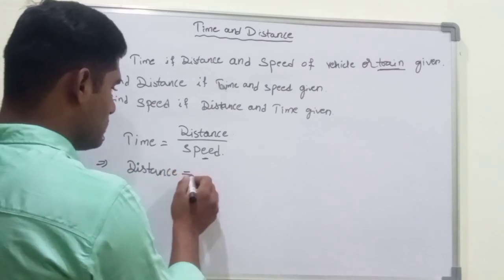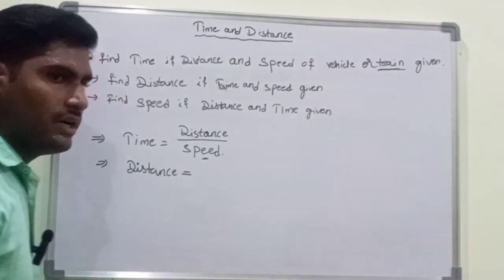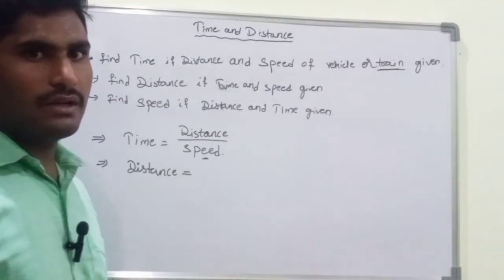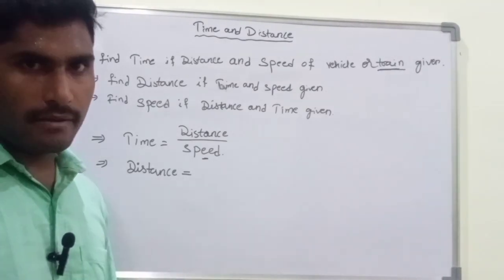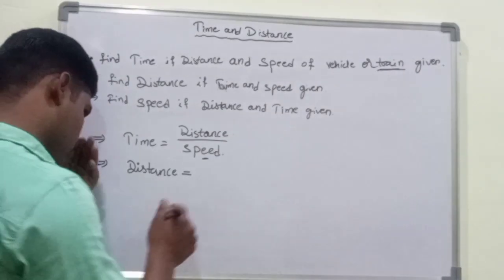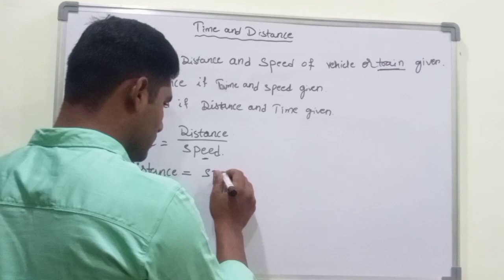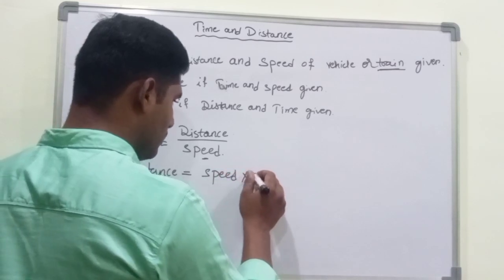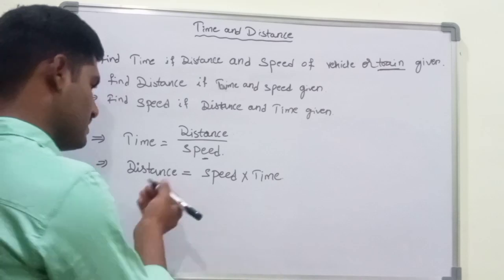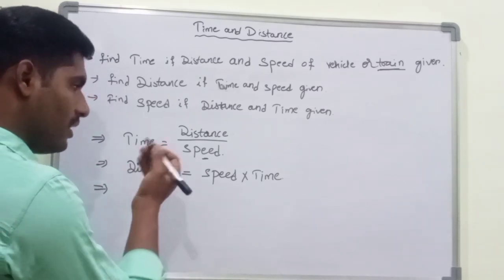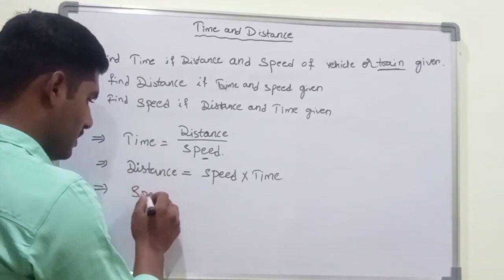Next, distance. How do we find the distance? Speed in particular time is nothing but distance. Speed into time is nothing but distance. So what is left? Speed.